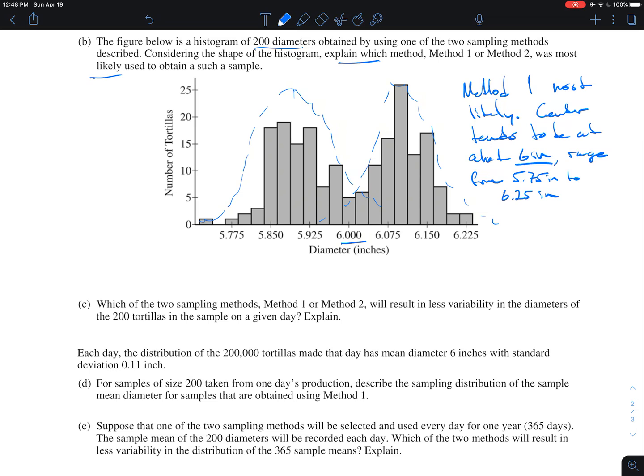So we've got the center, we've got the spread from that range there. Doesn't seem like there's any outliers, but then also this two-peaked shape of the distribution.